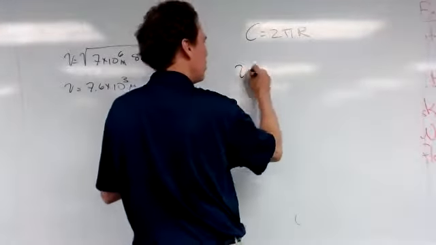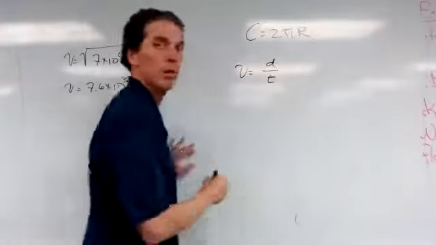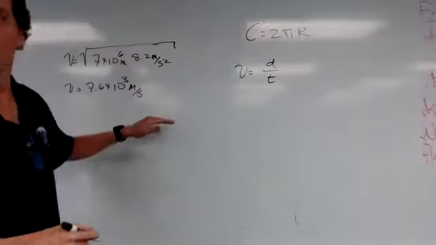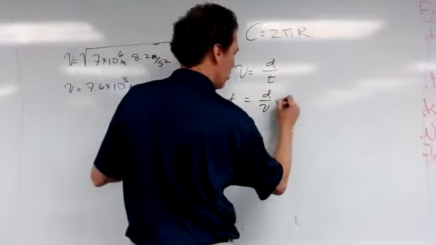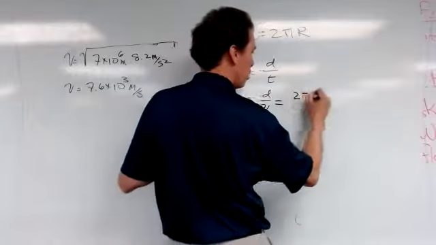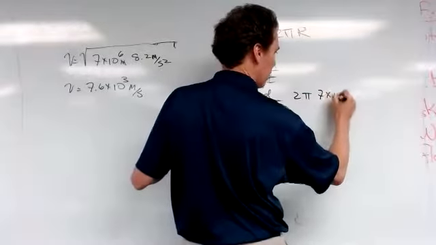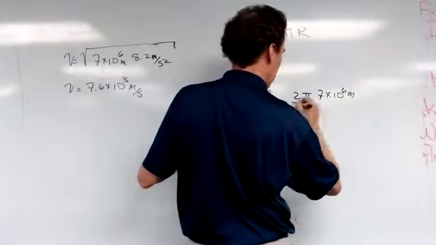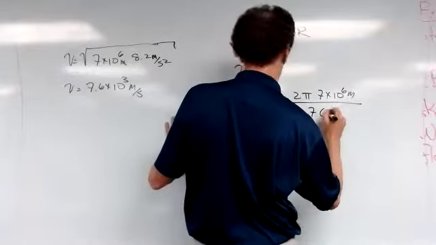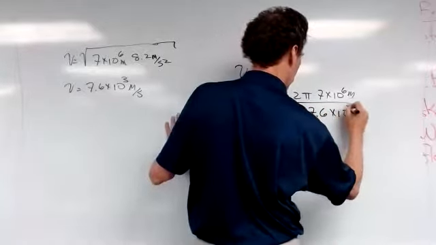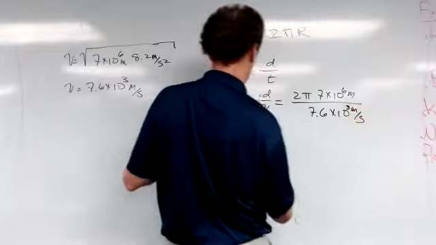And so the speed is just the distance over the time. It's traveling at a constant speed. And so the time is the distance over the speed, which is 2 pi times 7 times 10 to the 6 meters divided by, what did we get? 7.6 times 10 to the 3rd meters per second.